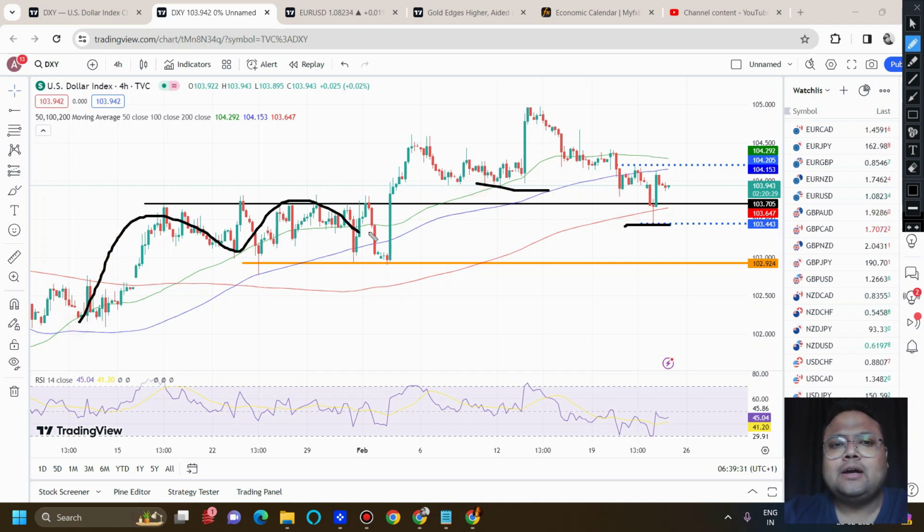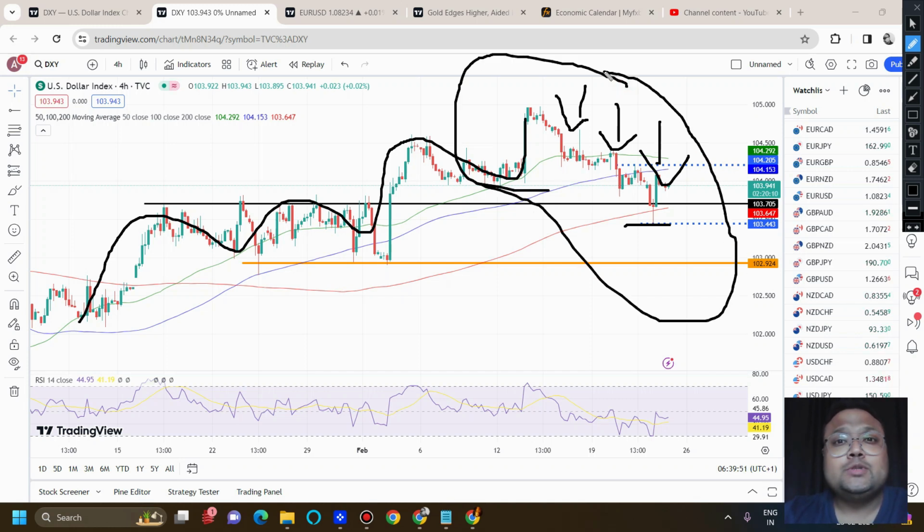So it was a kind of an uptrend. I won't say an extremely bullish market, but at least DXY was in a bullish uptrend. And here we can see that DXY has broken the previous low, and the market is continuously forming lower highs. So technically DXY is losing strength.